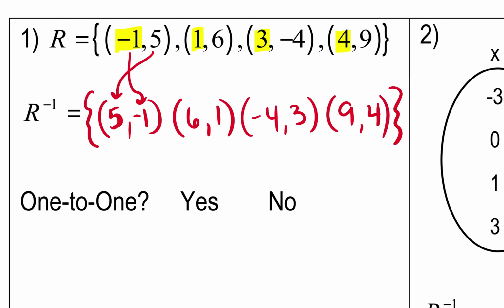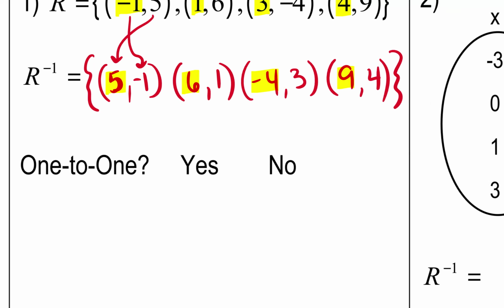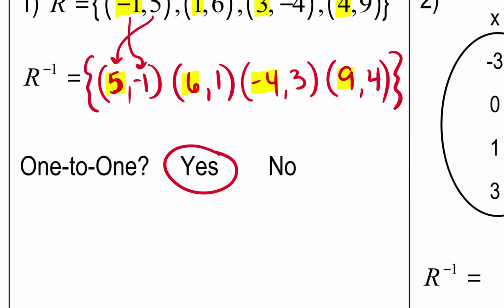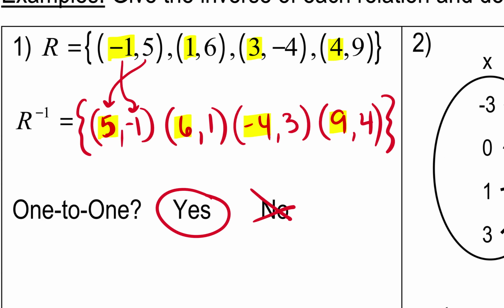I have to also check the inverse. So I have 5, 6, negative 4, and 9. None of those repeat. So since they are both functions, I would say yes, this is a one-to-one function. And if you want, you can cross out no. That's all we're doing on this. You label the inverse, write the inverse, and then circle yes or no.